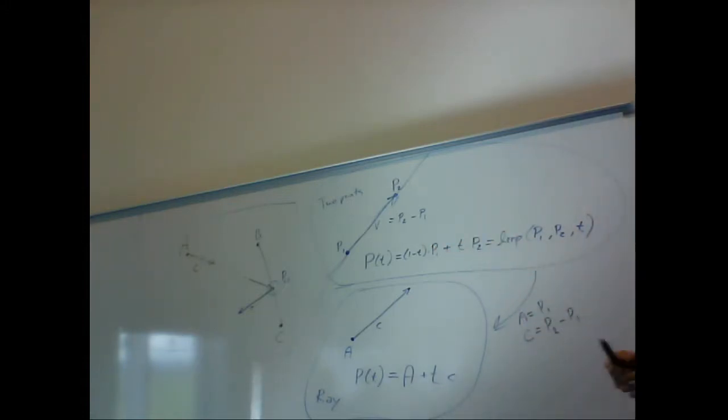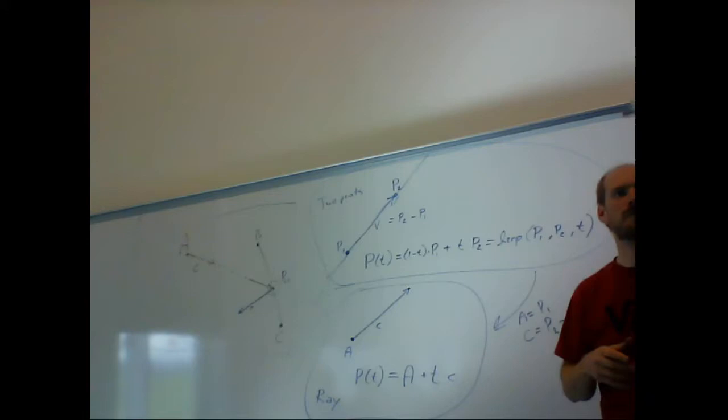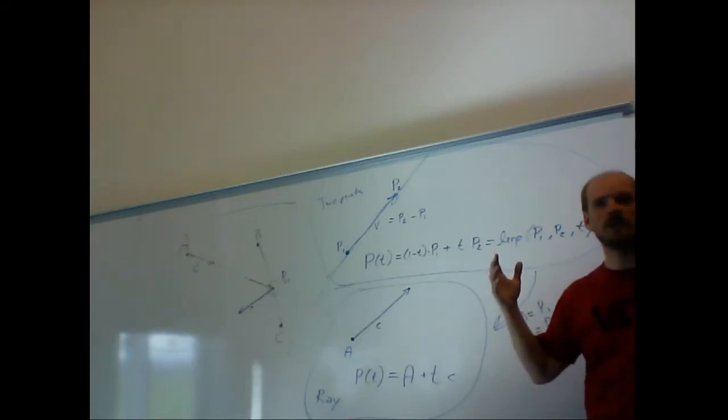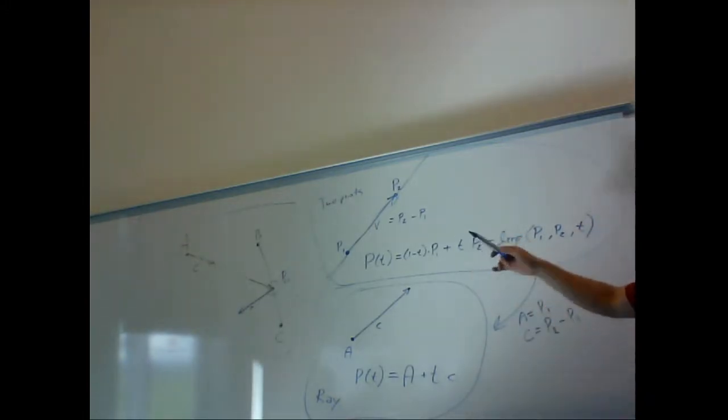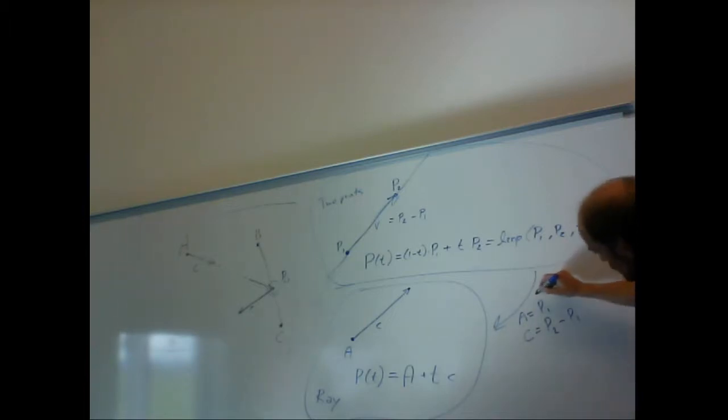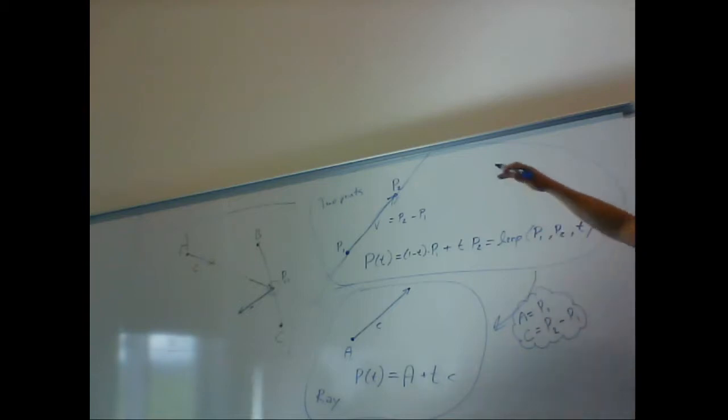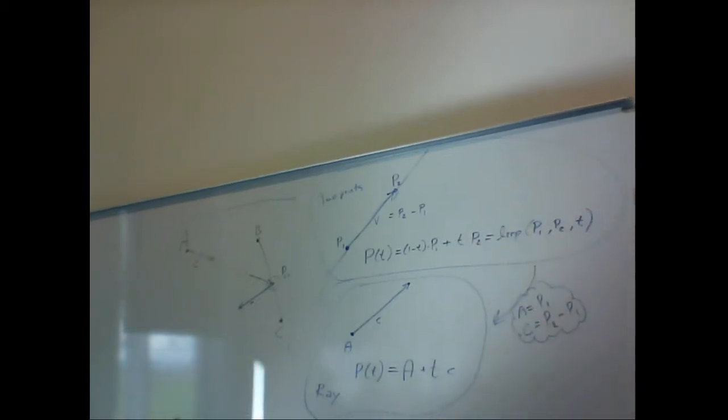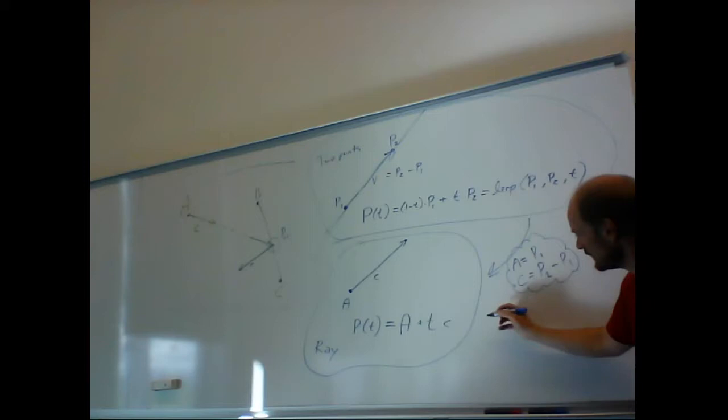If it just matters that we have the correct line and that we're representing this line in general, then it doesn't really matter. A can be P1 or A can be P2. No difference. Anyway, so this is us changing from the 2 points to the ray. What if I want to go the other direction?